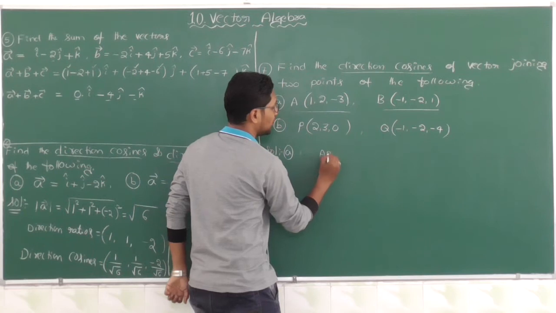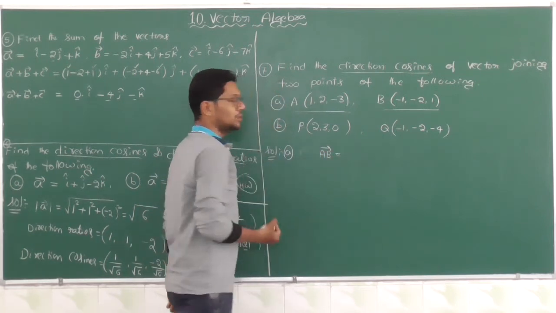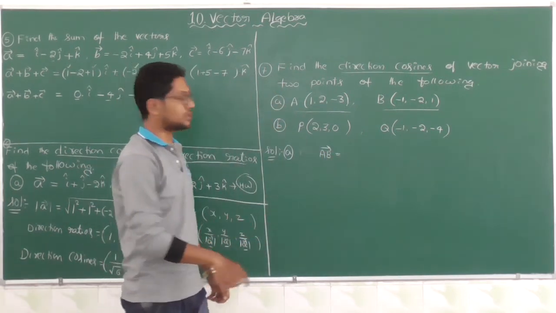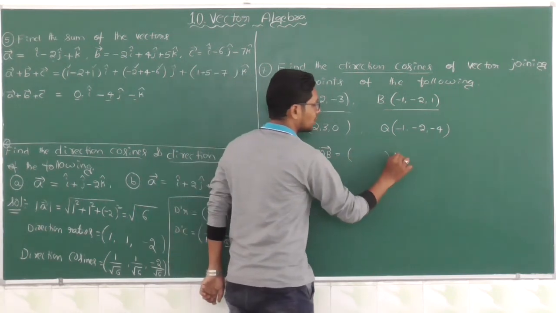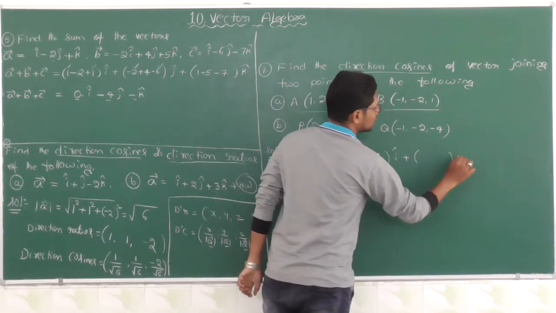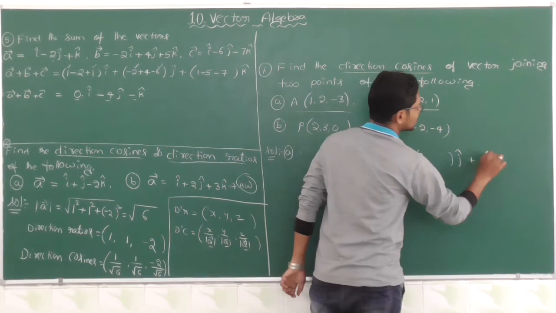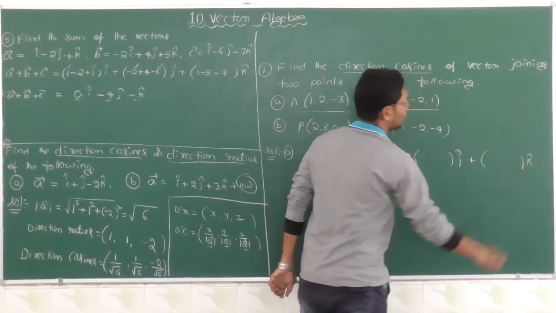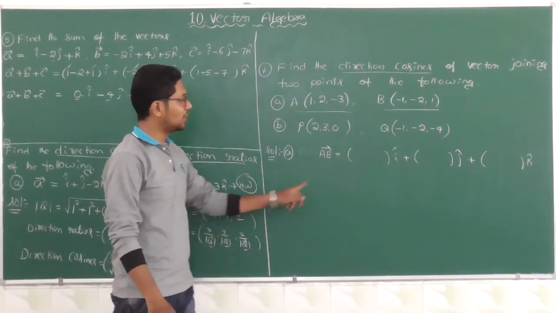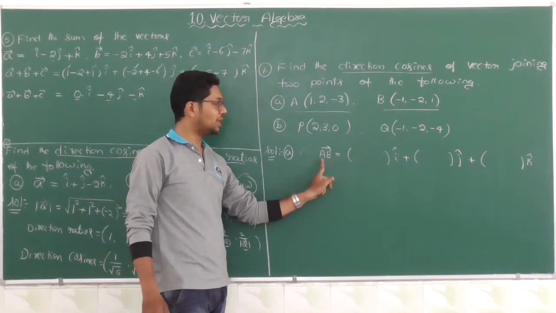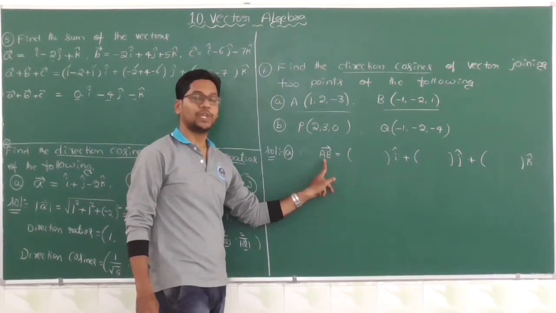AB vector is B minus A, terminal point minus initial point.